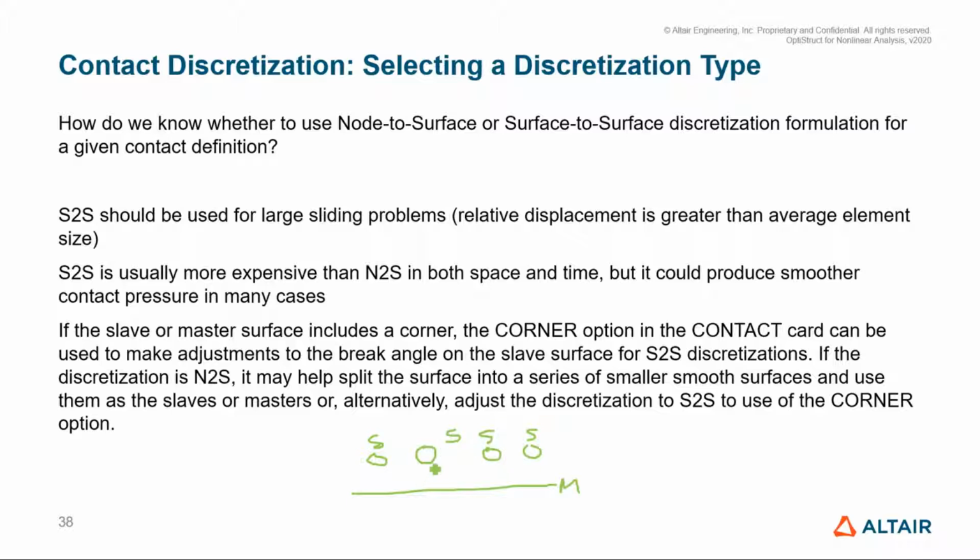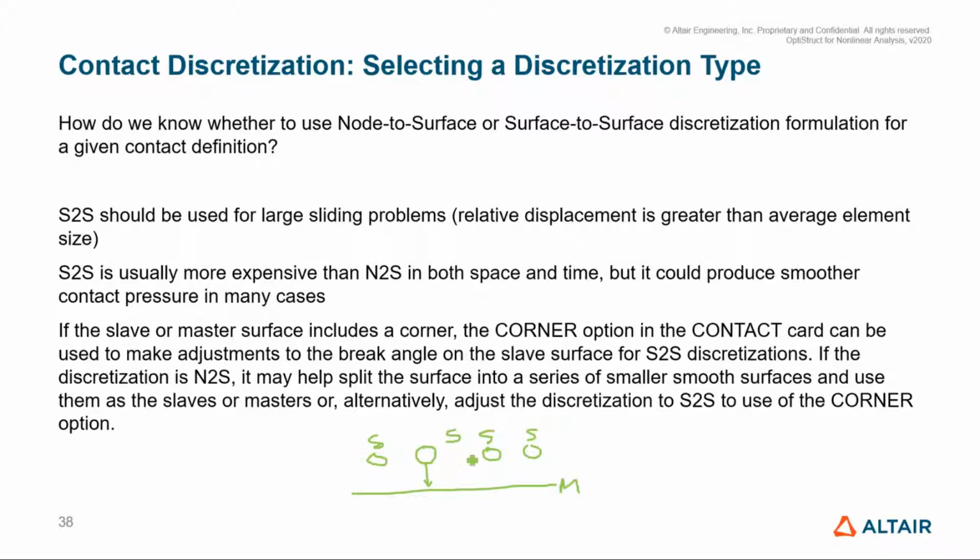The second reason is that it's easier for them to establish contact. If your slave surface is small, it's easier to find that master surface. So having the smaller object as slave is going to be better.